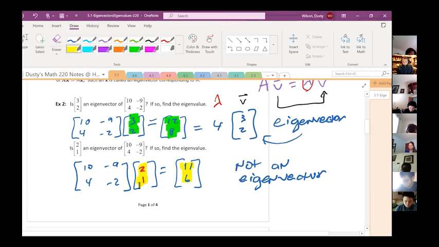All right. So notice that in example 1 and example 2, I've given you vectors and said, let's verify things. So you haven't had to actually find the vectors. In this next example, we're going to find the vector starting with the eigenvalue.